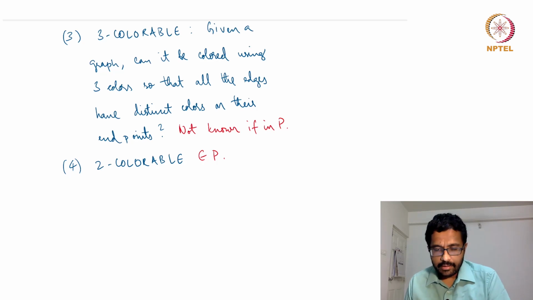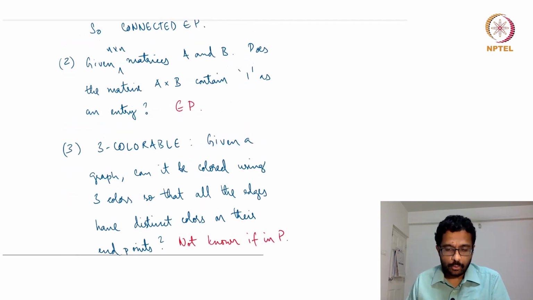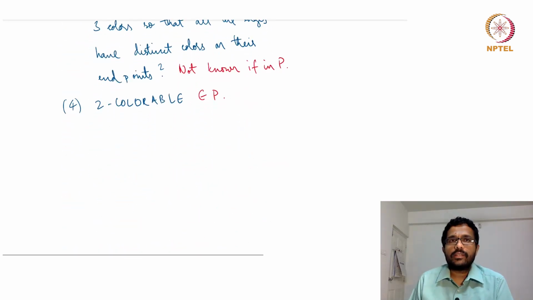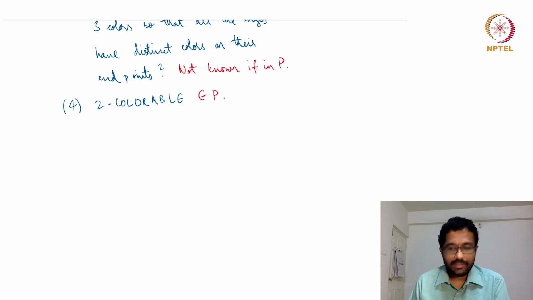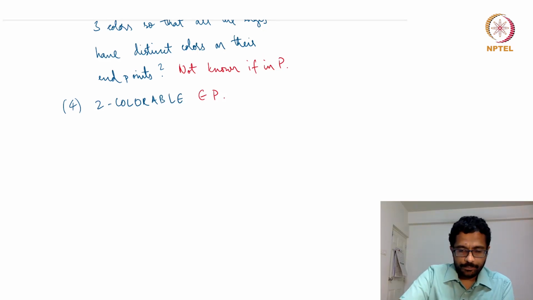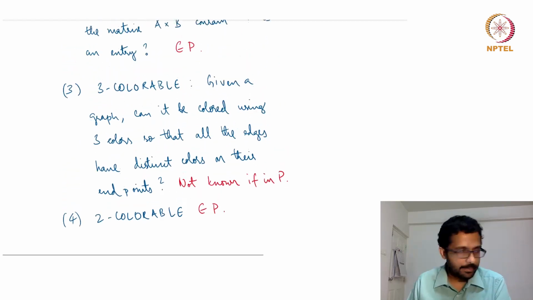Right, and there are other problems. I can go on and on. There are so many computational problems. Anything that you can think of, there are so many examples, right? So these are some examples.